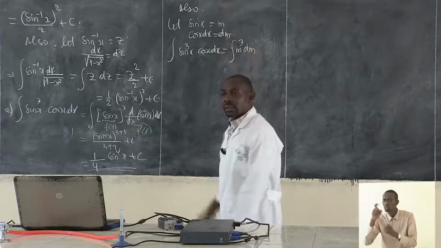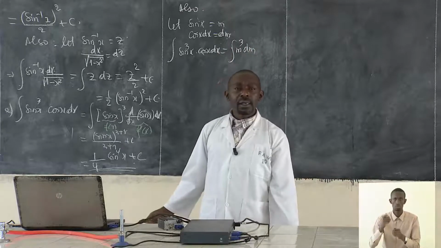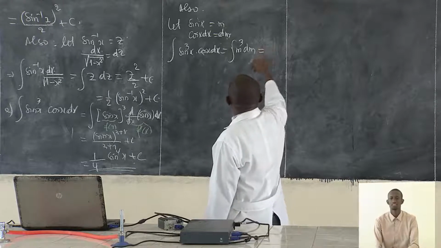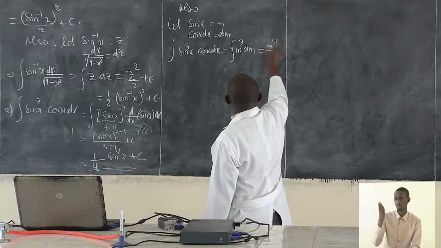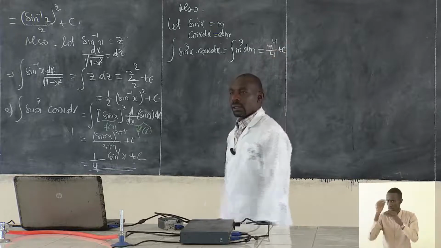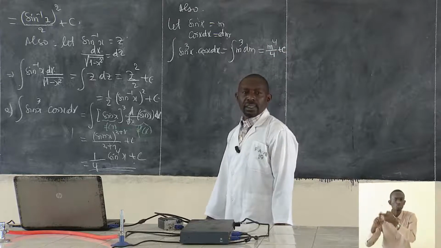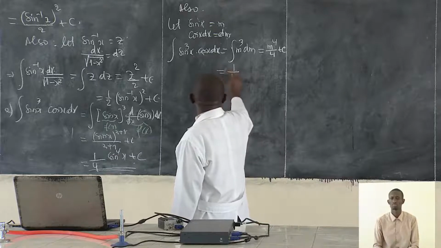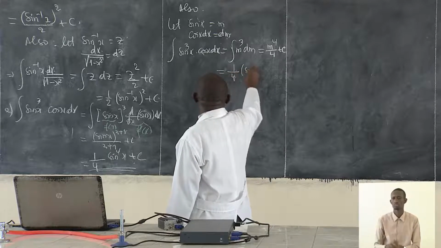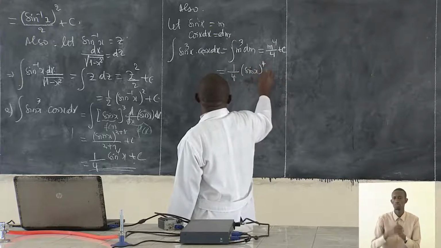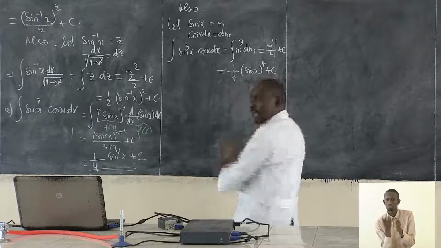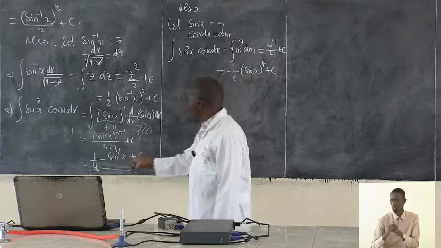Are we together? Is it clear? Oh, very nice. Thank you very much. Then that is m power 4 divided by 4 plus c. That is a standard integral. Replacing m by its value, you get 1 divided by 4 sine x raised to power 4 plus c. This is not different from sine x power 4, like that. As you have the answer at this level.